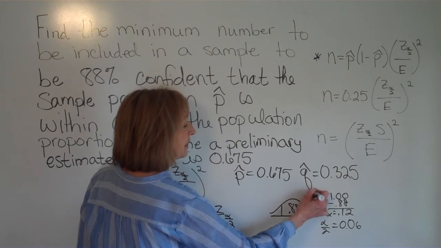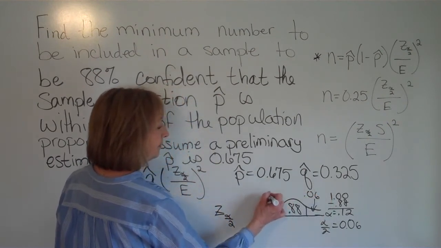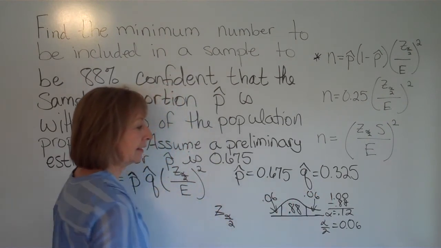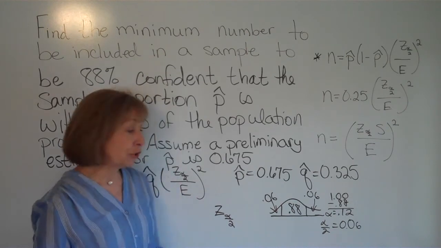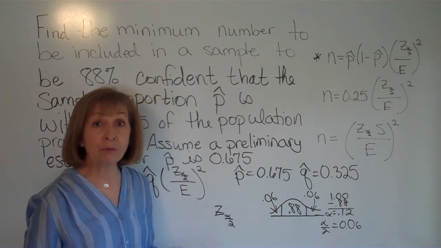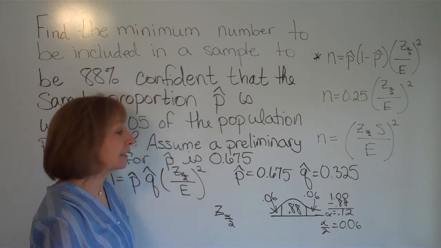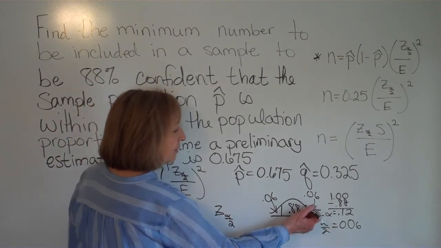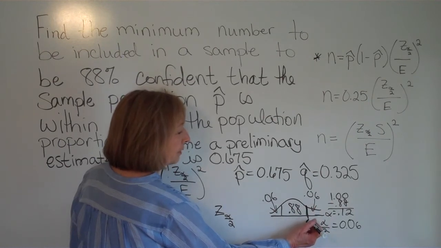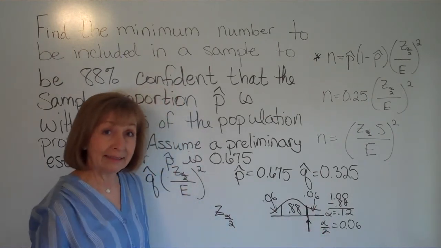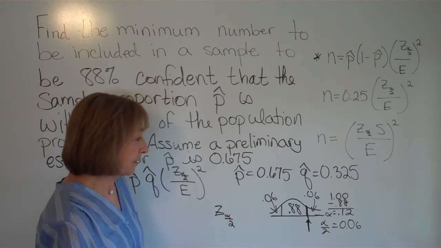That's how much is in each tail. Now those are the areas, but you want the z sub alpha over 2. You want the z-score for which at that cutoff you have that area. So I'm really looking for the z-score on this number line instead of the numbers with the areas.